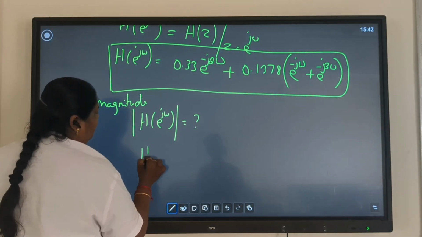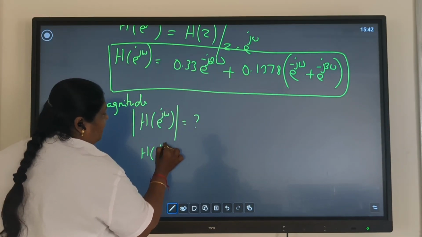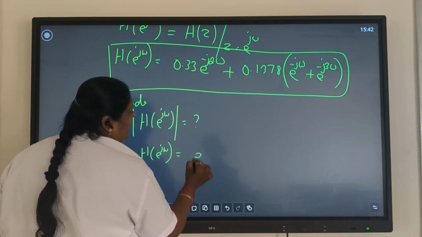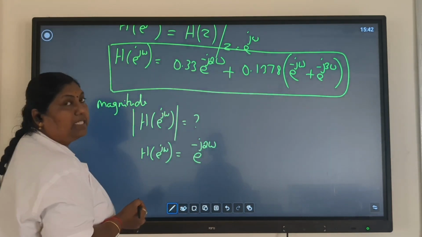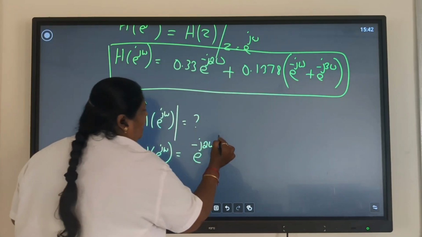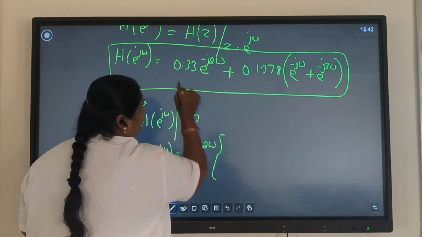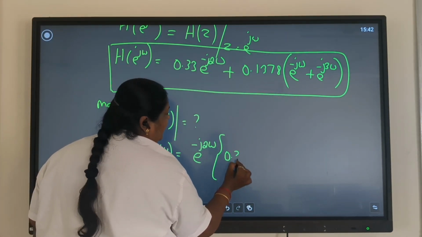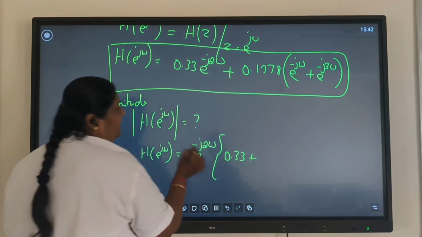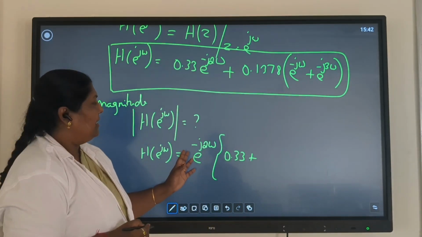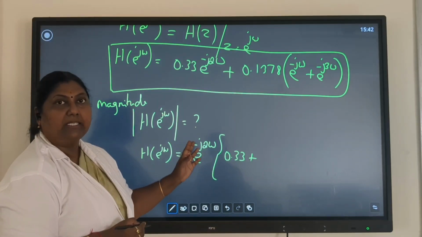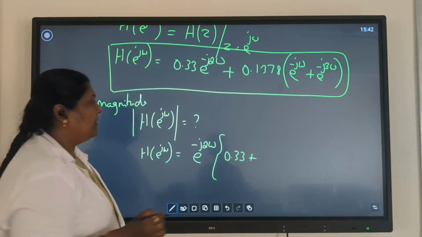So H of e power j omega is equal to, I am taking e power minus j 2 omega, the phase factor of the center term, outside. So the remaining terms: 0.33. Since I am taking e power minus j 2 omega, I have to multiply e power plus j 2 omega inside the second term.